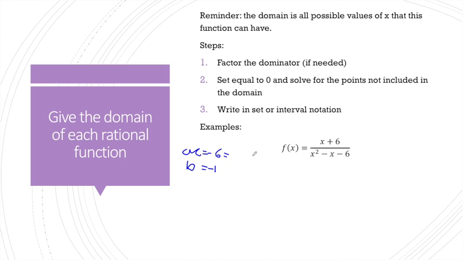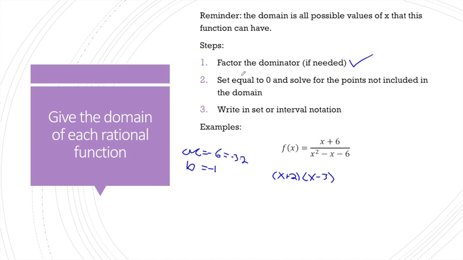So some factors of negative 6 that add up to negative 1 could be negative 3 and 2. Now my leading coefficient is a 1, so I already know I can factor this denominator as x plus 2 times x minus 3.